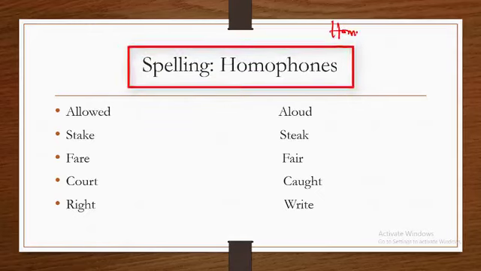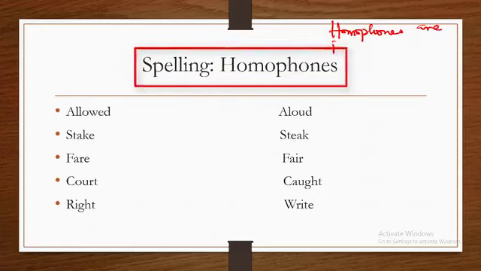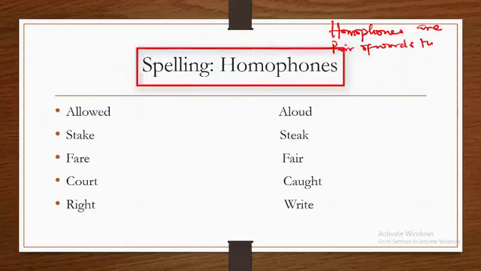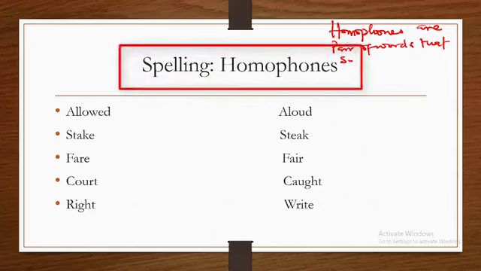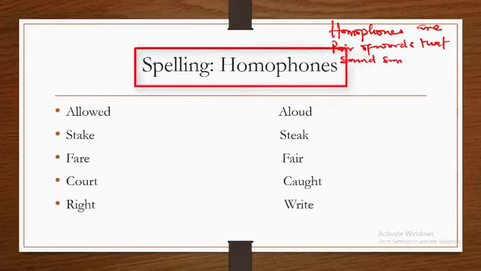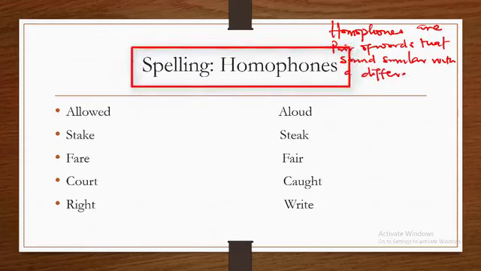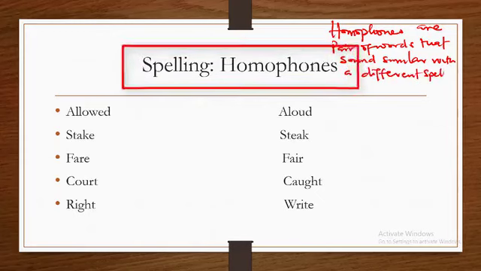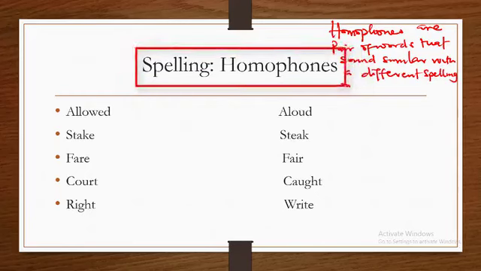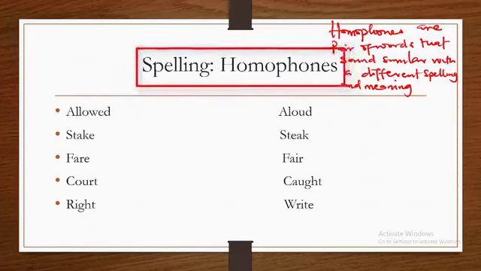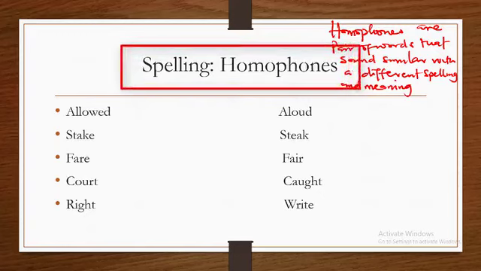Homophones are a pair of words that sound similar with a different spelling and meaning. So homophones only sound similar, but their spellings are different and their meaning is also different.